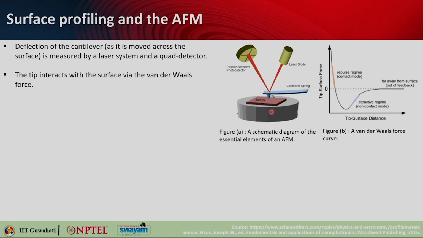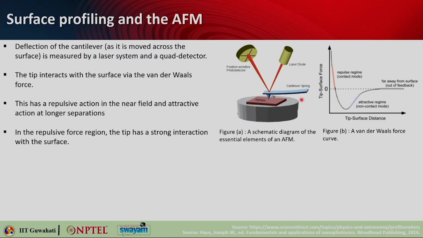and the tip interacts with the surface and there is van der Waals force, and this force is basically repulsive in nature when it is in the near field, and it becomes attractive at longer separation. Okay. So, that is how you are basically scanning the surface, and this is the tip surface force.